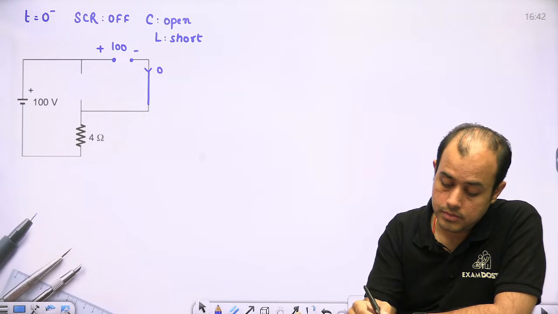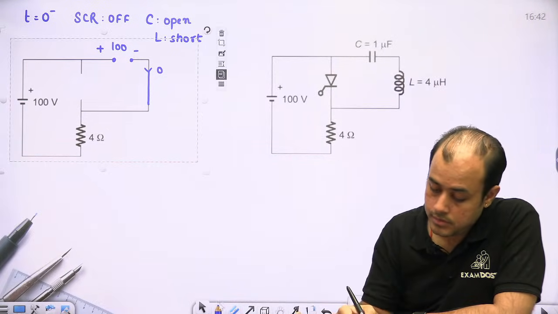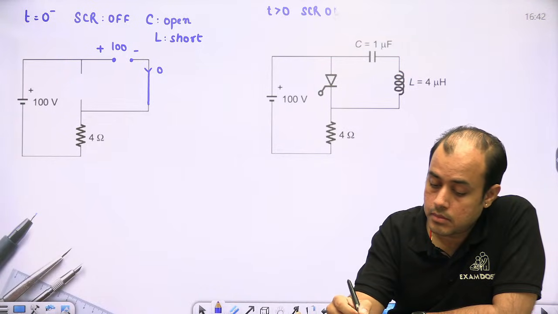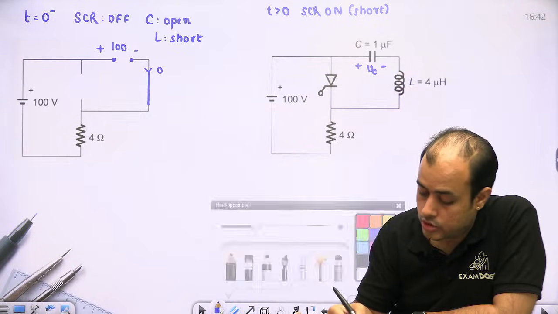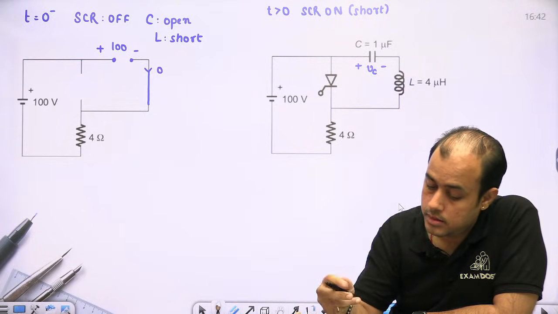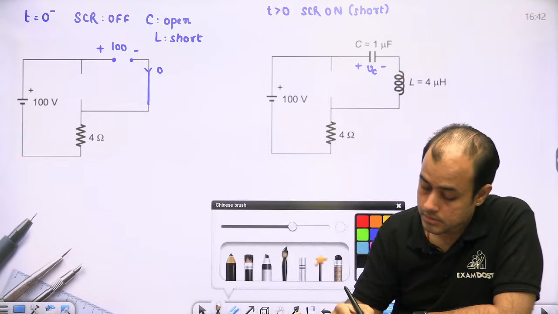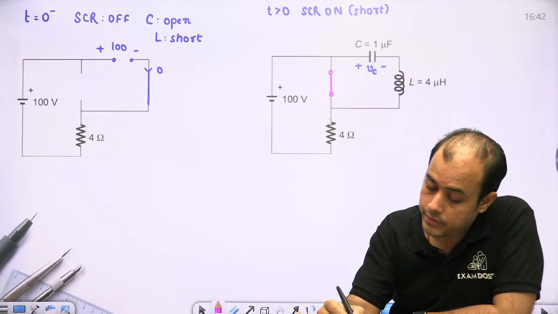Now, when the thyristor turns on, it shorts it, and the capacitor is charged to 100 volt. So this current basically will be 100 by 425. Capacitor current will be like this.